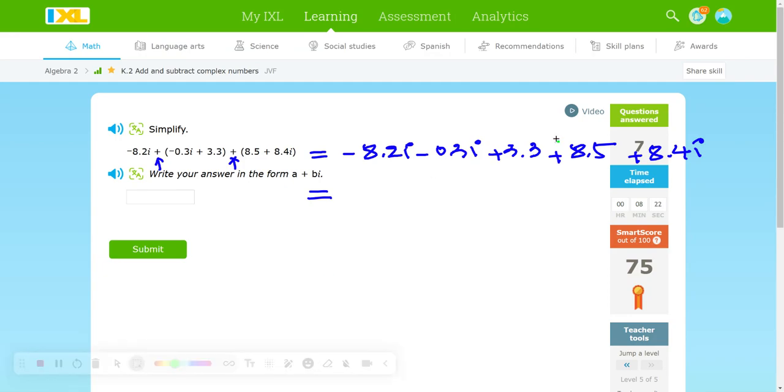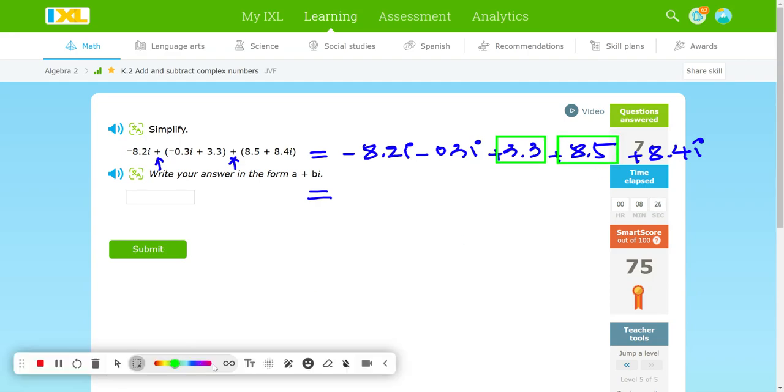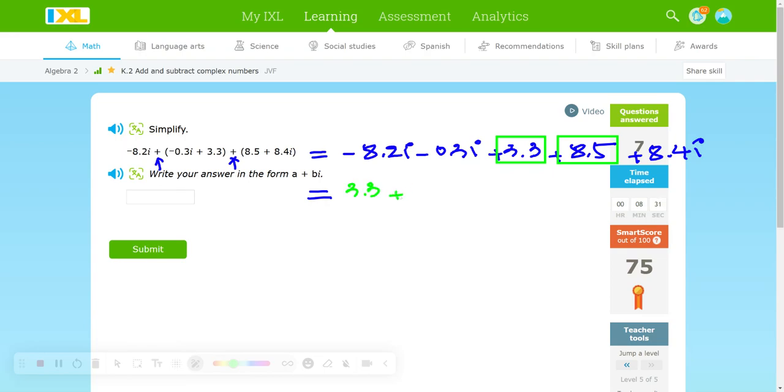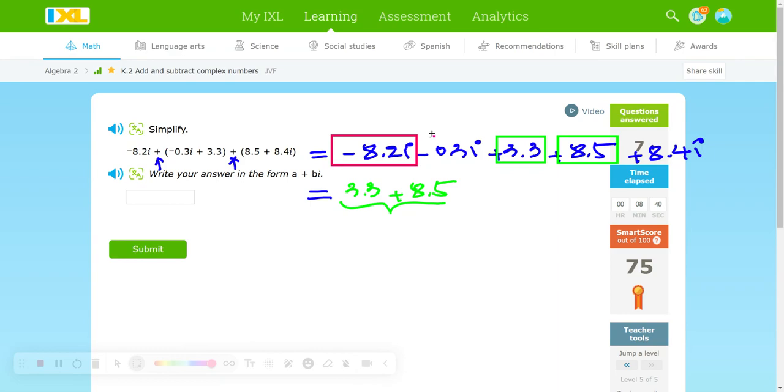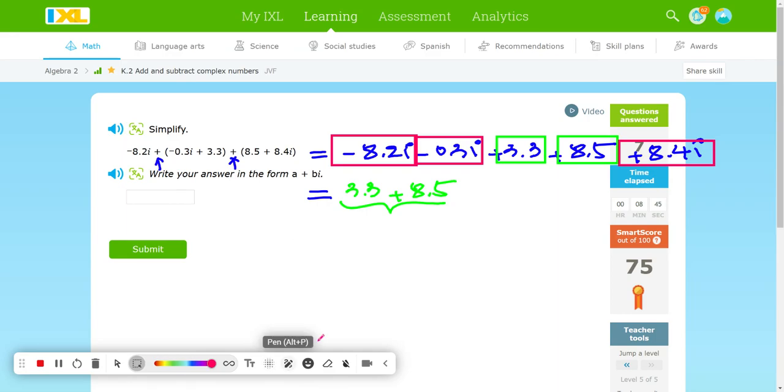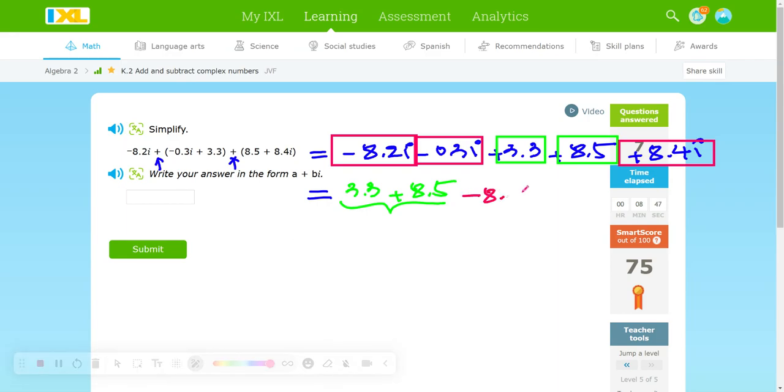The numbers are 3.3 and 8.5, I put them in front. Then the i parts: subtract 8.2i, subtract 0.3i, and then plus 8.4i, I put together in the back.